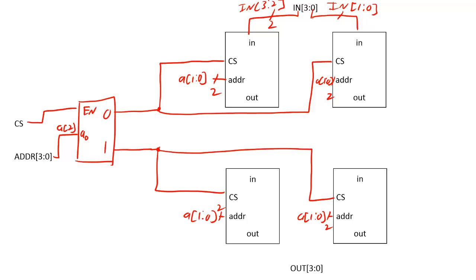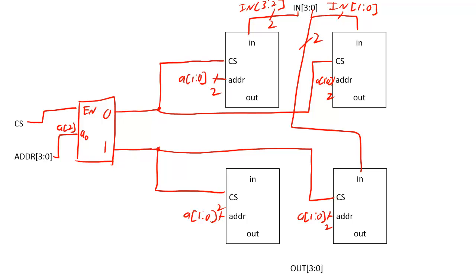Then this is going to split off and continue to go here, so it's the same 2 bits. And these guys are also going to go down and connect, the same 2 bits there.